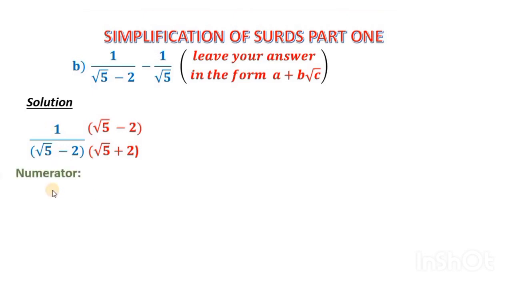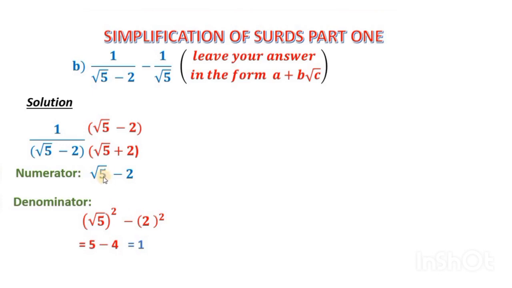And because we have multiplied the denominator by this factor, the same factor should multiply the numerator. Let's work out the numerator. We are going to have root 5 minus 2. That is 1 times root 5 minus 2. And then on the denominator, we are going to apply a difference of 2 squares, just as we had seen earlier on. And that is root 5 squared minus 2 squared. Root 5 squared is 5, and then 2 squared is 4, and therefore 5 minus 4 is 1.